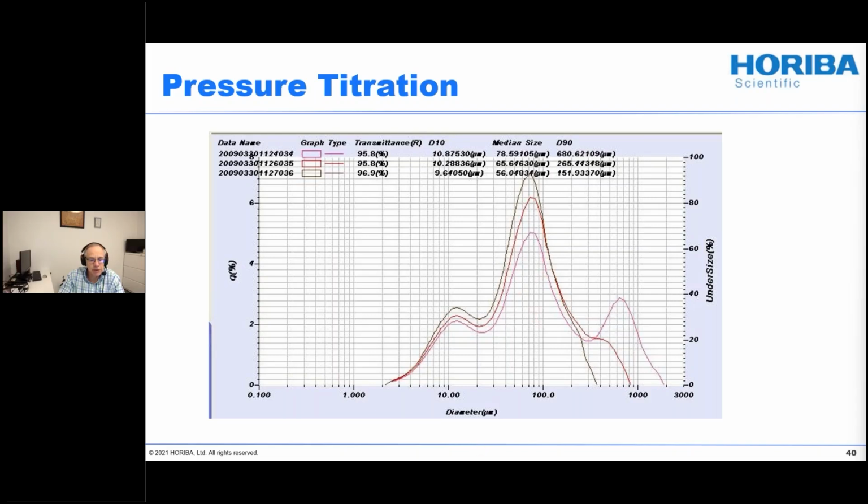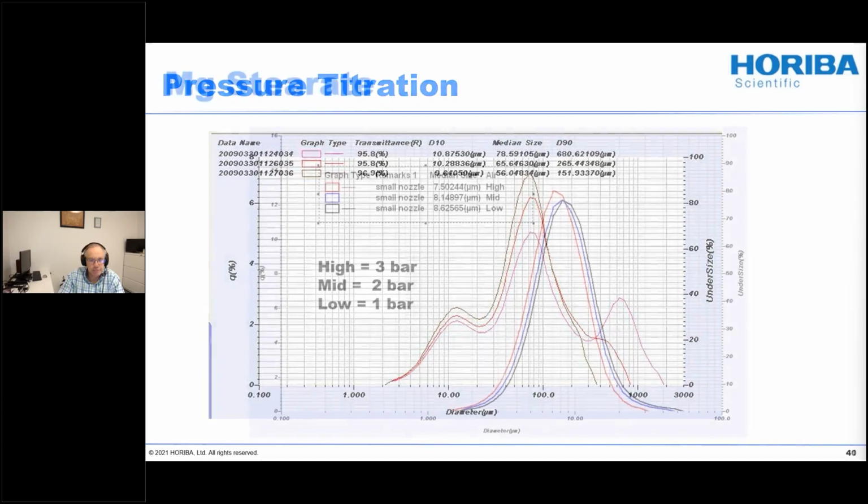And you'll start asking yourself questions about repeatability and believability of the results. Like this first one, you can see that far right peak, that's breaking up. So this must be an agglomerate. And then you can see that disappear. So I'd probably pick the highest pressure where I've completely suppressed the agglomerate peak.